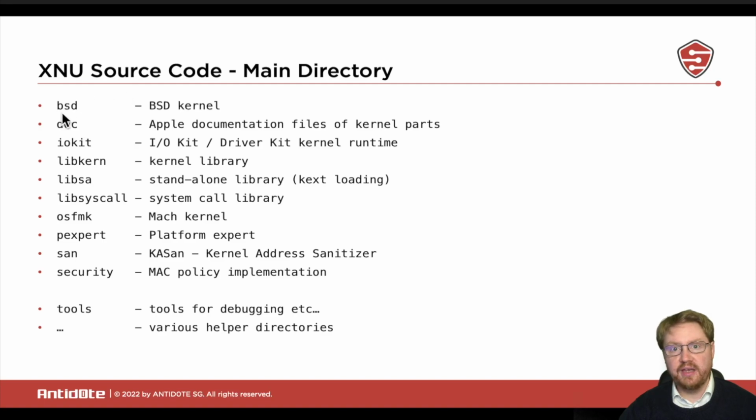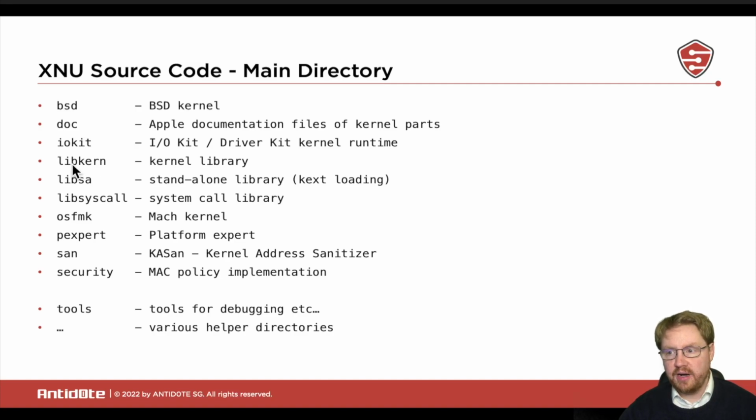Basically, there's a BSD subdirectory, and the name already gives it away. This is where the BSD part of the kernel is housed. Then you have, of course, the IOKit directory, and this is basically where you find IOKit and Driver Kit.